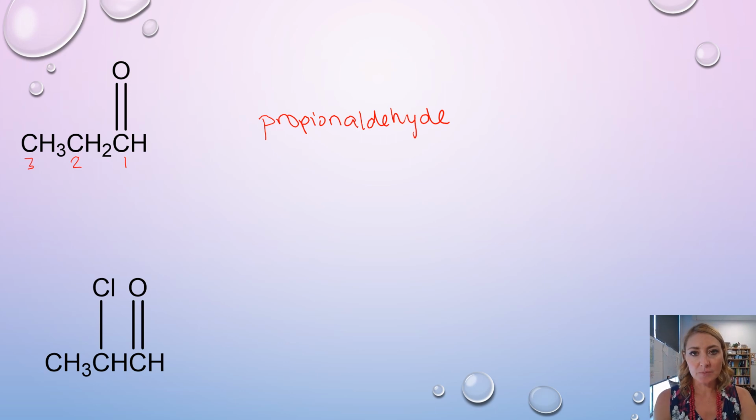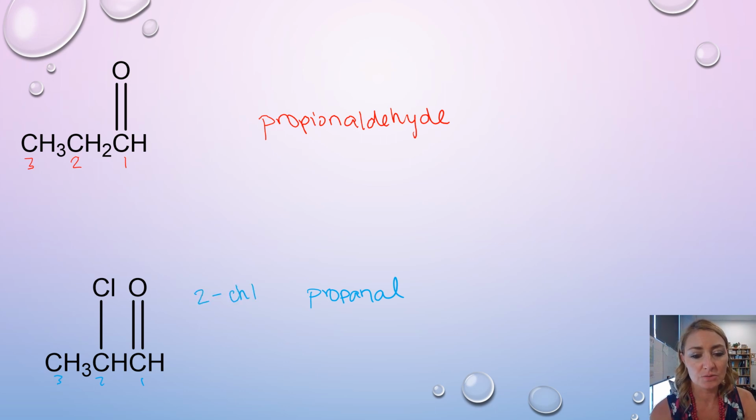In the second example, we have a branch. So if we were to name this using the IUPAC, it is again 2, 3. Oh, I didn't say what the IUPAC name was for the previous one, propanal. My apologies. For this one, if we were to name this using the IUPAC, it would be propanal. We don't have to number the position of the carbonyl because it's always on carbon number 1. That makes our chlorine on carbon number 2.